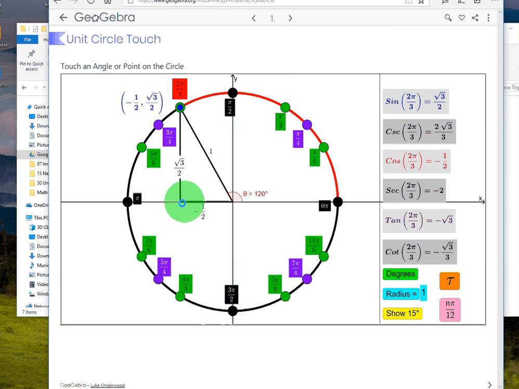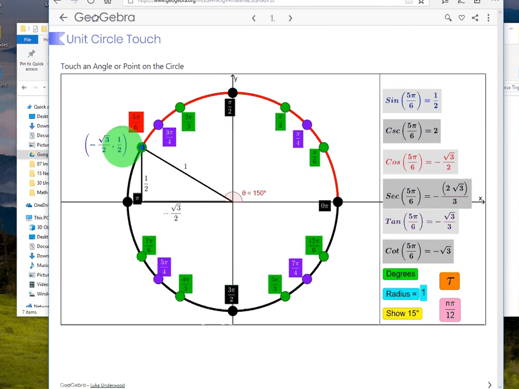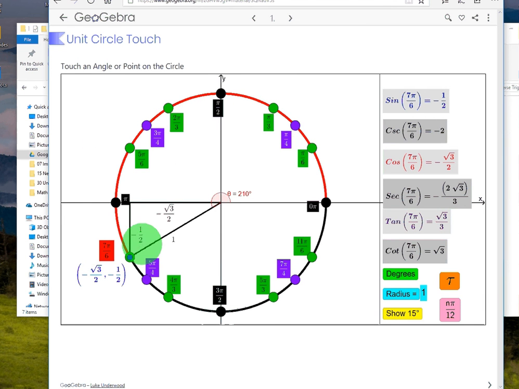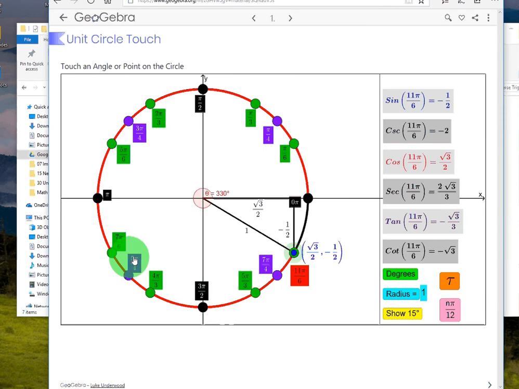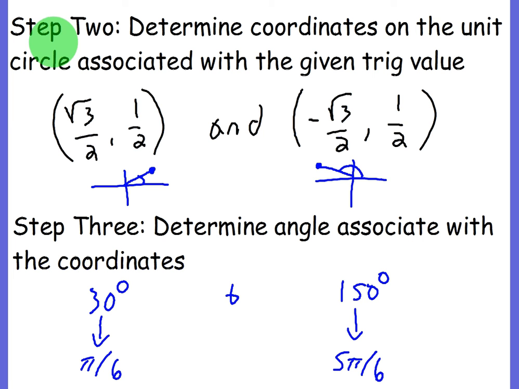Well, if you've studied enough, you'll know that y equals 1/2 at pi over 6 and 5 pi over 6, which means that sine is equal to 1/2 at pi over 6 and 5 pi over 6. So it just takes really knowing the unit circle. If it said negative 1/2, you would just jump down here to 7 pi over 6 and 11 pi over 6. So you really got to know your unit circle in order to master this lesson.